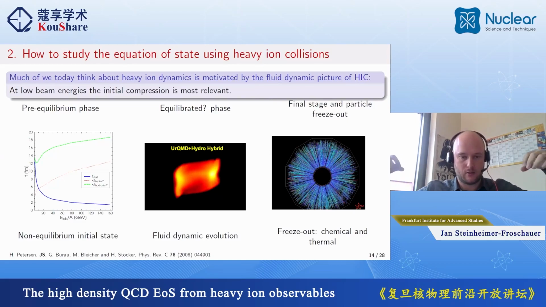That means that your nuclei, when they collide, take a very long time to actually compress and go through each other, and that time can become much longer than the actual hydro evolution itself. So a lot of the dynamics, which is sensitive to the equation of state, happens at this early time, which you don't really know how to describe, at least not in these standard models that are being used.